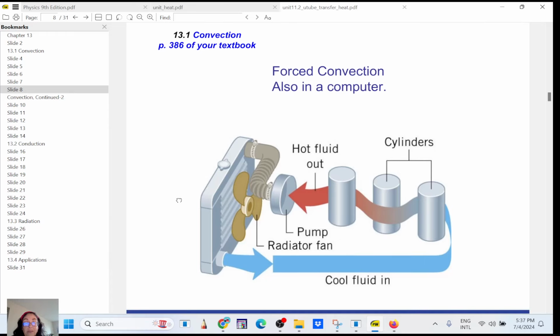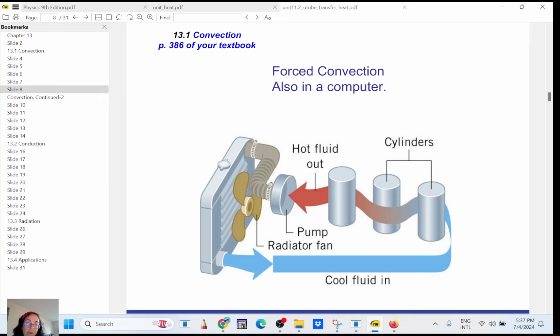Here's another example here. So sometimes the convection cells are not happening. So you want them to happen. You want to make a convection cell to take the heat out, for example, of a computer or of your car. So in that case, you need to use what is called forced convection.